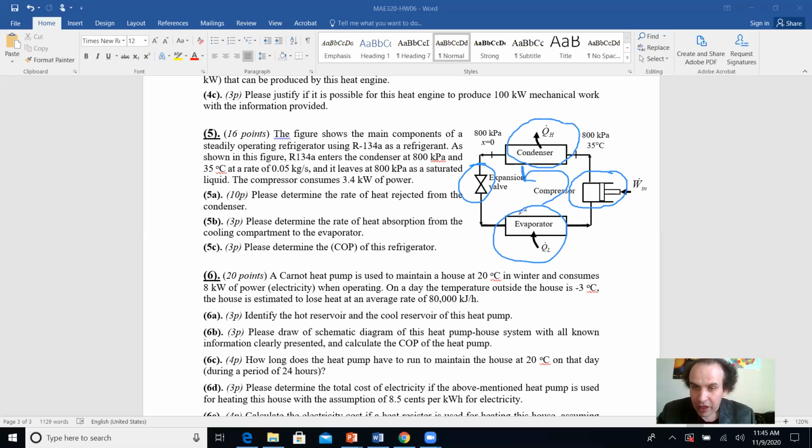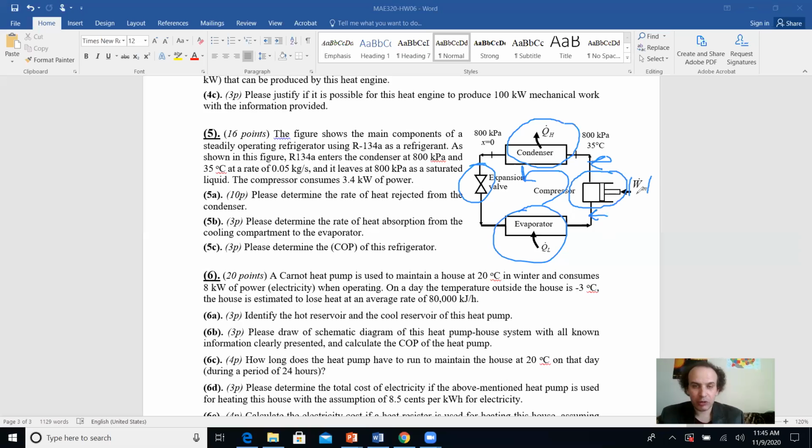In chapter 5, you consider all of them. This is state 1, this is state 2, and so on. If you look here, yes, this work input will be negative because it works on your compressor. From the point of view of your compressor, it will be negative. But when you write down the equation for coefficient of performance, you take the absolute value.